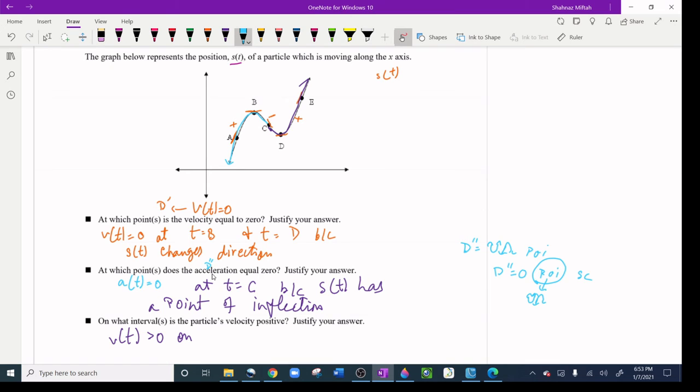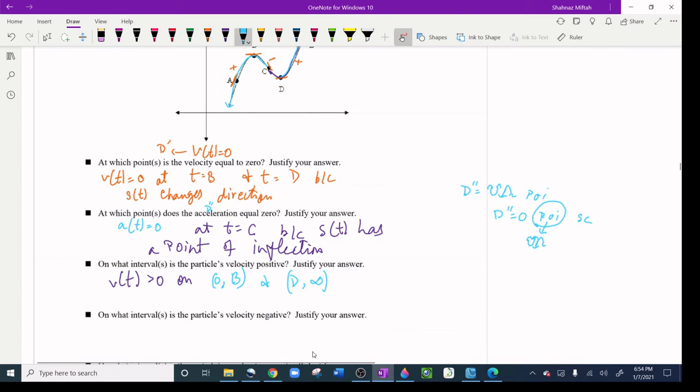So I'm going to say velocity is positive on 0 to b, starting from 0 to b, and d to positive infinity. You can tell, d to positive infinity, it's this one. So this is all going positive.